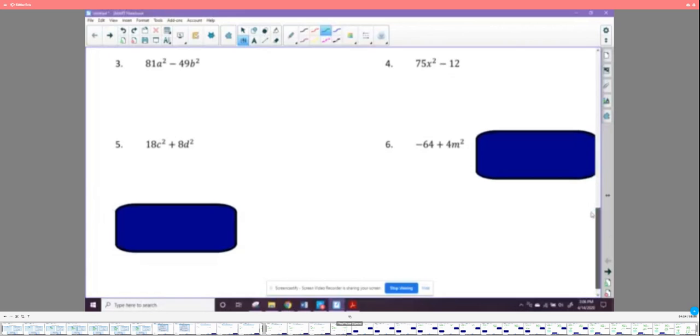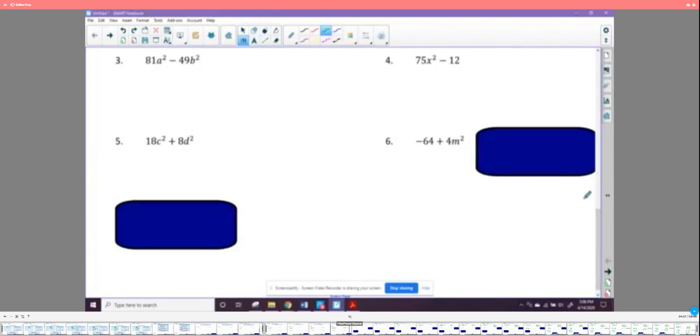Let's look at number 3. 81a squared minus 49b squared. Do we have a greatest common factor we can factor out first? We do not. So then we factor by the difference of squares, since 81a squared minus 49b squared fit our qualifications.